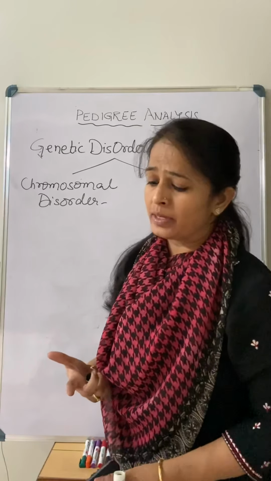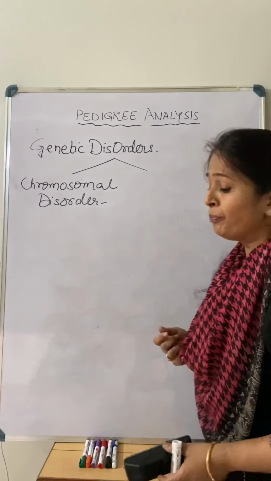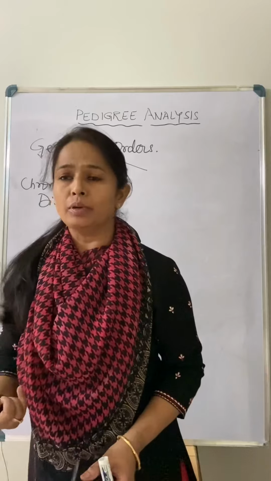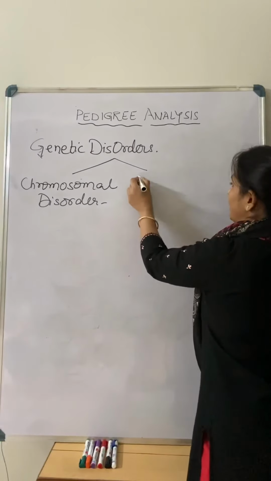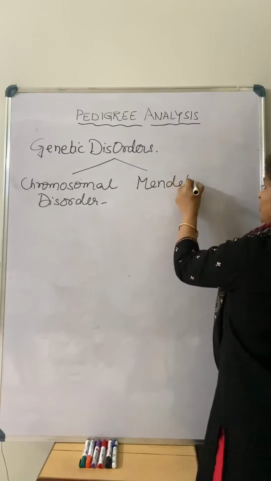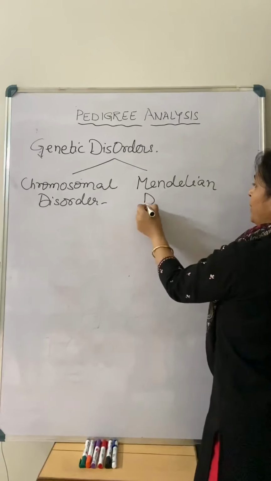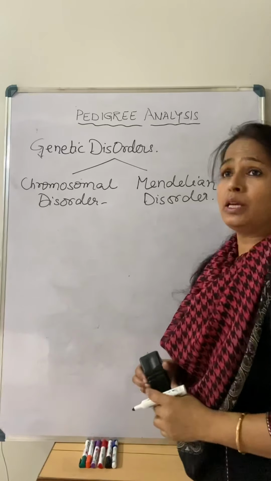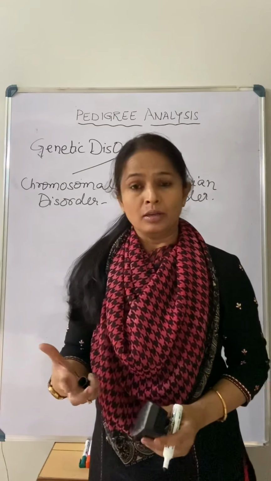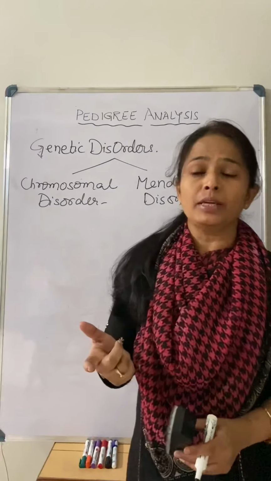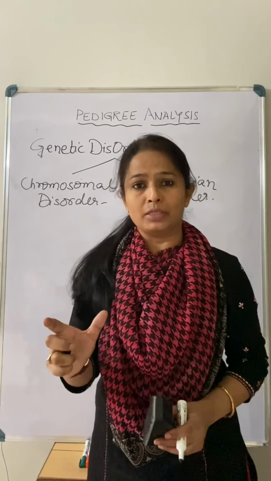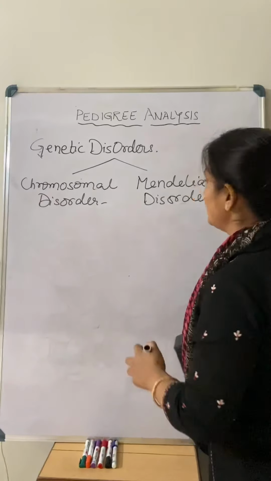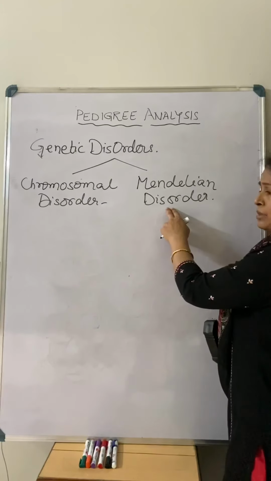So when changes take place in the chromosome number, we call it a chromosomal disorder. The second one is a Mendelian disorder. Mendelian disorder means when a change takes place in the genes, maybe in a single gene or a frame of the gene. So a point mutation can be there, or a frameshift mutation. This is known as a Mendelian disorder, right?